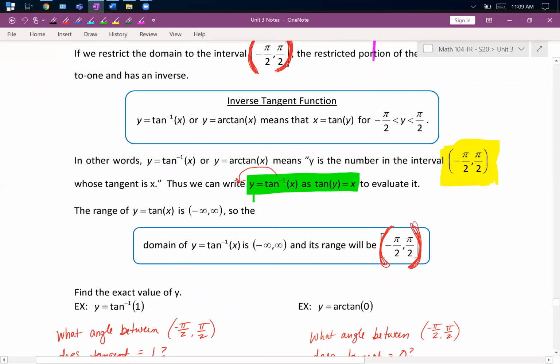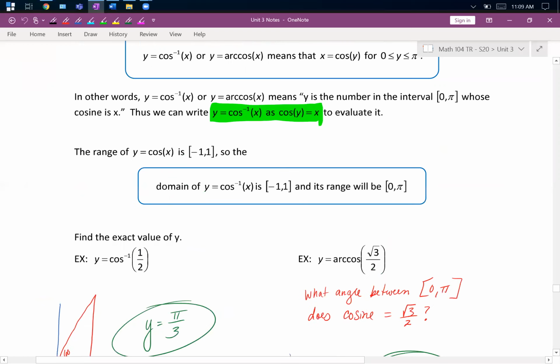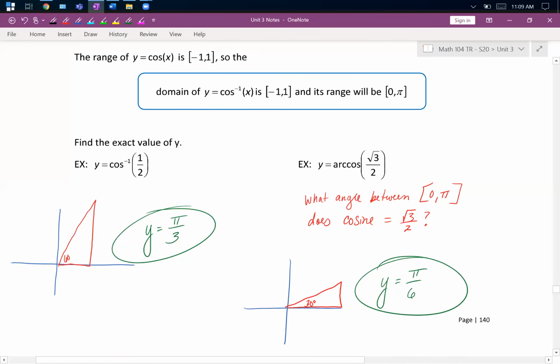For cosine, we were looking between 0 and pi. Now you'll notice in the directions, it does not give us an interval. It just says find the exact value of y. So when that's the case, you're using that pure definition of your inverse trig function, and you can only select 2 quadrants, the 2 quadrants where we are one to one.